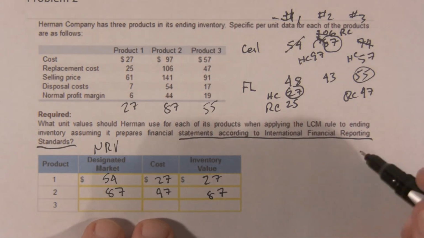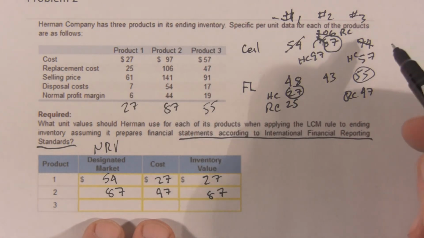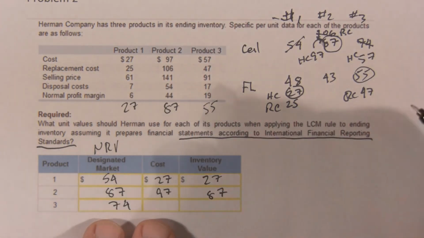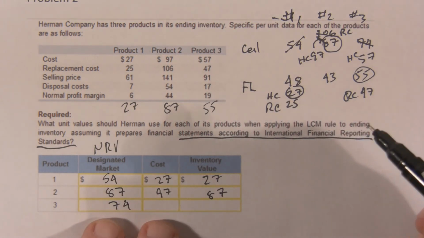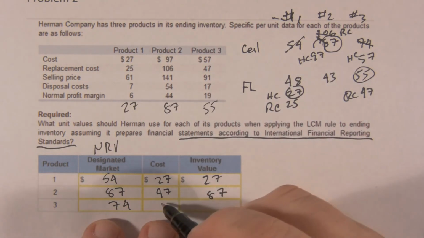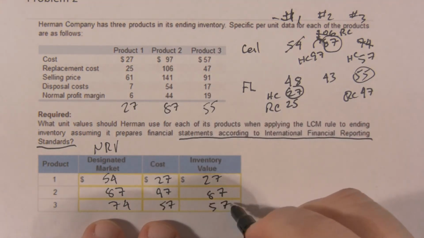Now for item number 3, the designated market value, the ceiling, is 74. The historical cost that we paid for it was 57, and we would pick the lower of those two.